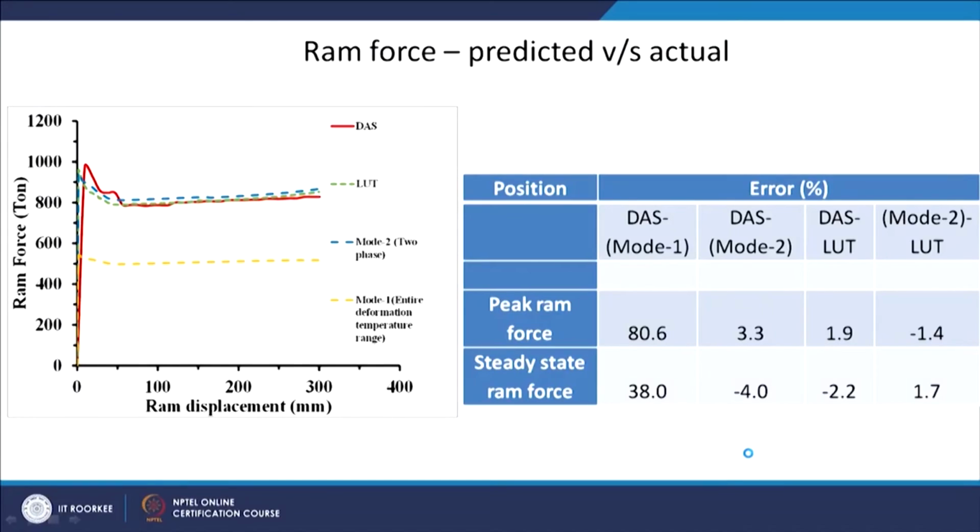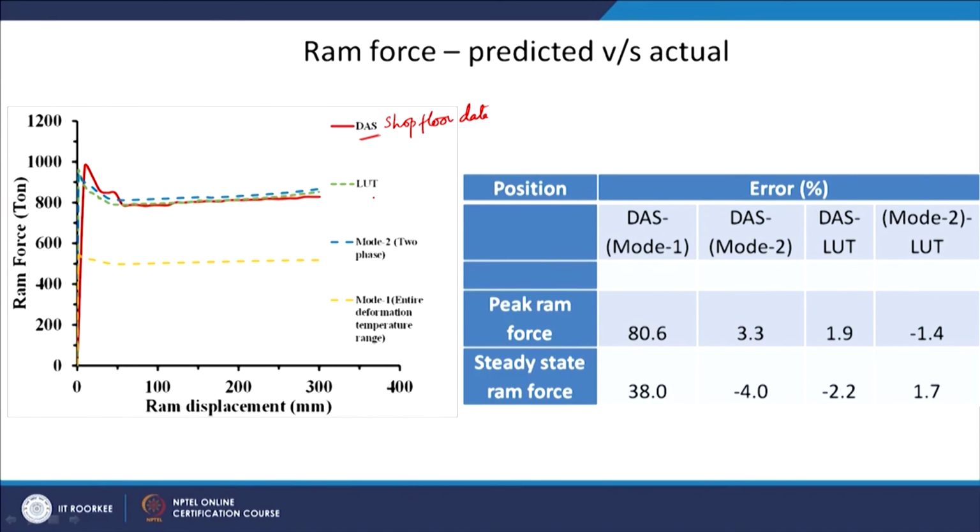So, to do that we have done the simulation. As you can see, this red one is the shop floor data, or shop floor measurement, of ram force as a function of ram displacement. So, this is the actual measurement.